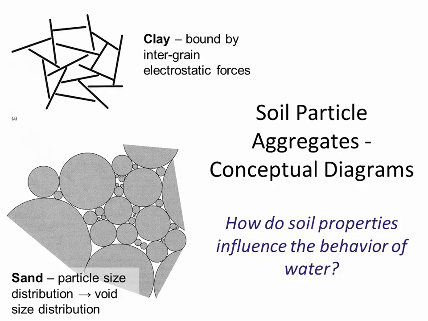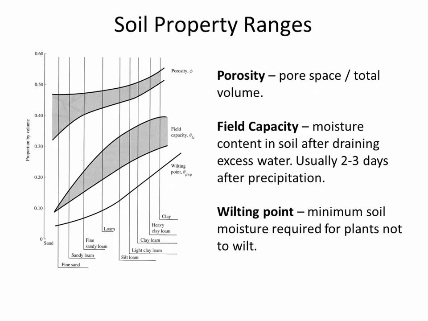It turns out that the soil that is sandy has a lower porosity than the clay. If you look at this diagram of clay, it looks like it's mostly empty space. And the properties that are illustrated here bear that out, that the typical clay porosity is going to be in the range of 45 to 50%, whereas sandy soils would have porosity just over 30% up to about 45%.